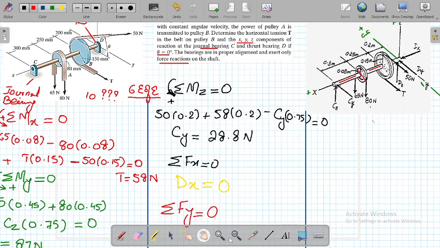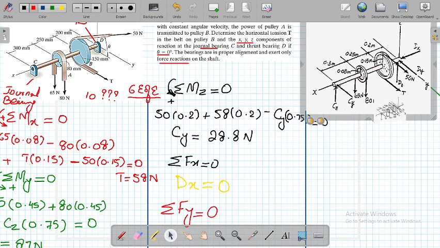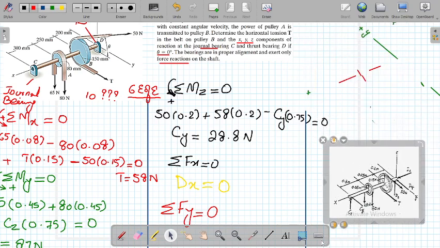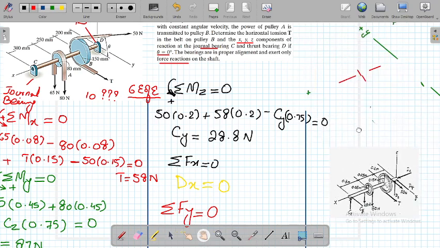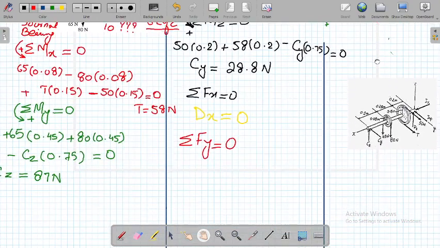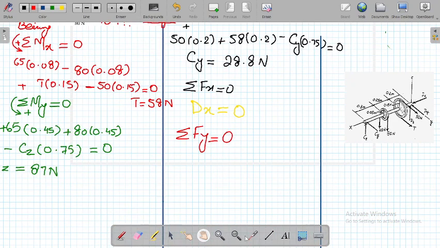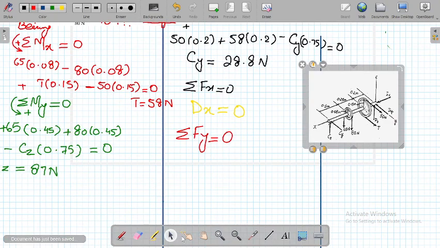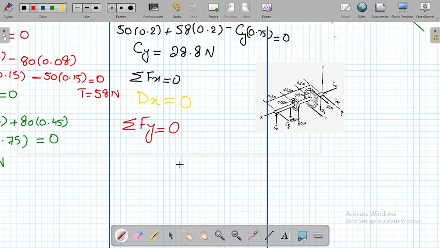Let's apply sigma Fy, so that the figure is in front of us. When we apply sigma Fy, this dy is along the positive y, so it will be dy.